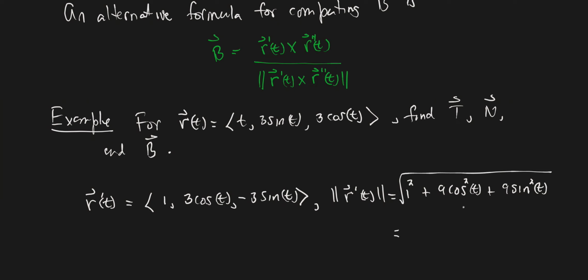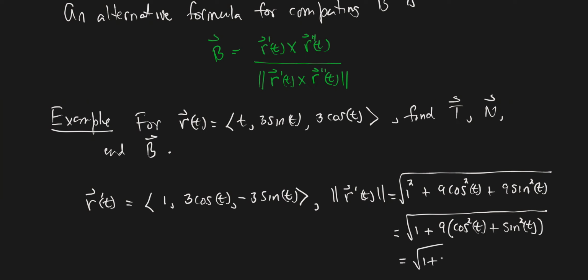Now, this is something that we're going to end up doing a lot, especially when you see sines and cosines in your components. What we can do under the square root is factor out a 9. So I can have a 9, and then in parentheses, I'll have cosine squared t plus sine squared t, but we know that is equal to 1, right? So that's our Pythagorean identity.